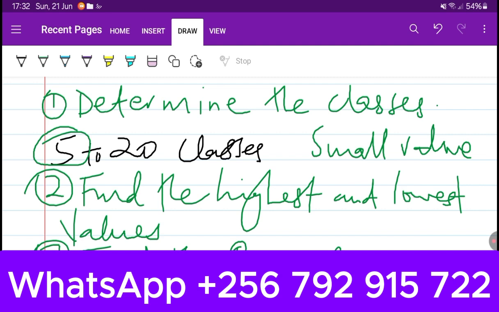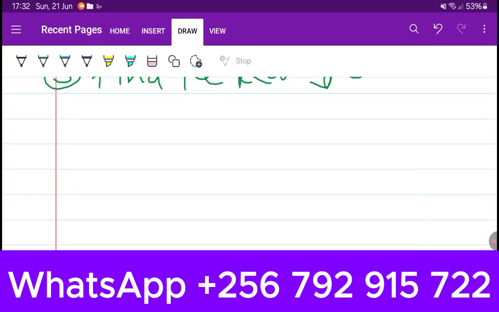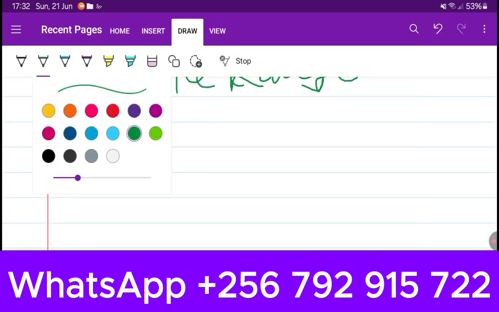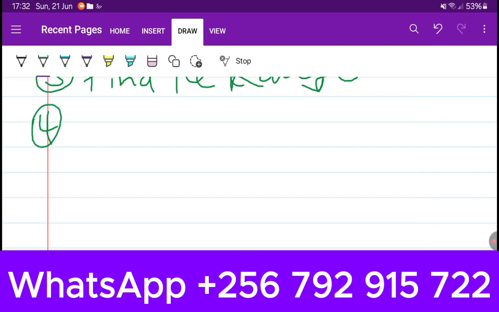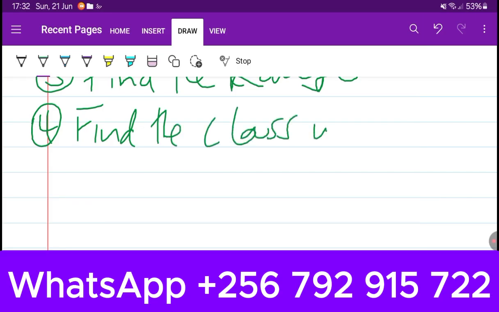So now the fourth step, step number 4, is to find the class width. How do we find the class width?